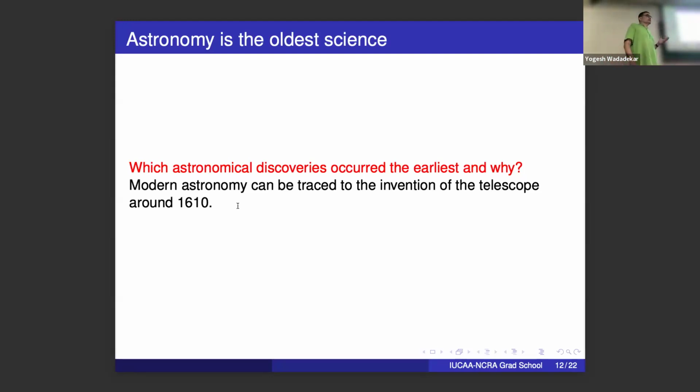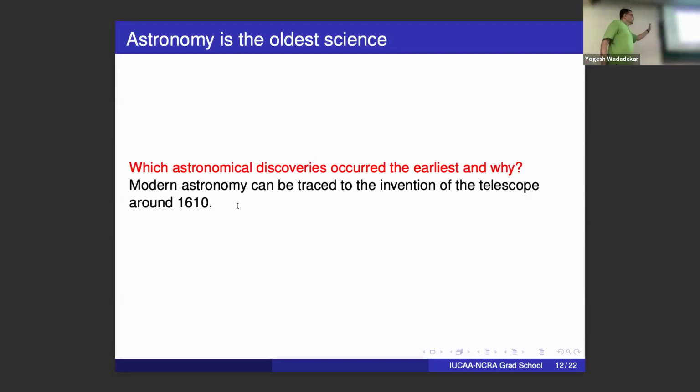So philosophically, it started in 1453, but more practically, it started in 1610. And that thing, the telescope, is crucial. It is the most crucial instrument. Just like a stethoscope is the first thing a doctor will go for, similarly, the telescope is the first thing that an astronomer needs.